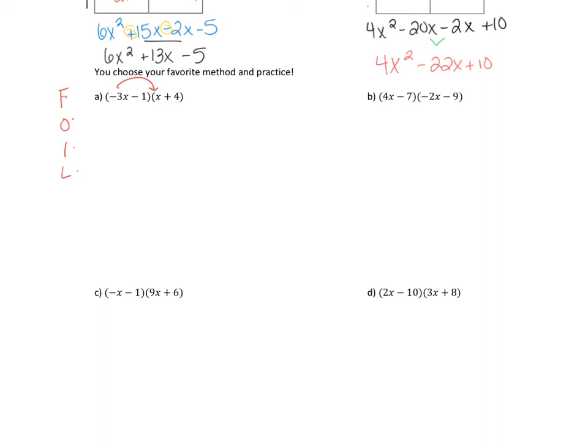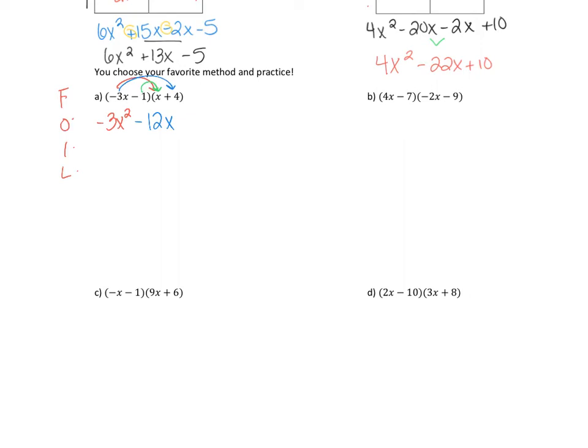Negative 3x times x gets me negative 3x squared. Then I'm going to do my outer terms, negative 3x times 4. So the outer terms of both parentheses gets me to negative 12x. Then I'm going to do my inner terms, the 2 inner terms of the parentheses, okay?